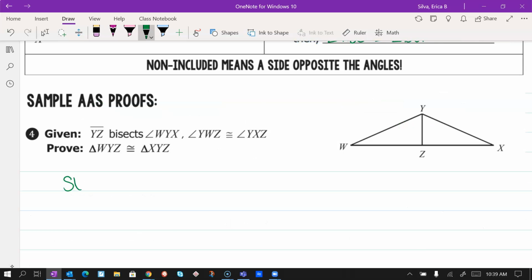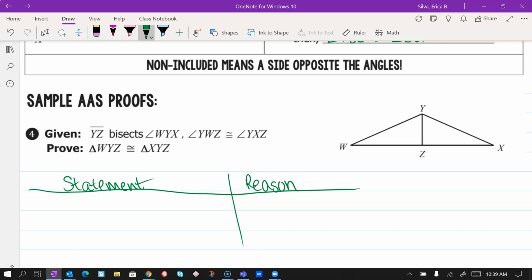All right, let's write down our two columns, statement column and our reason column. And on your test, whenever you have your statement and your reason, it'll be like the assignment that you did last week or 2 weeks ago, where you'll have a pull down menu and then you get to choose what the reason is or what the statement would be.